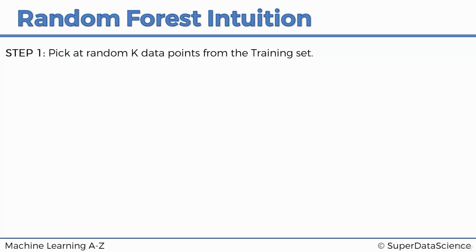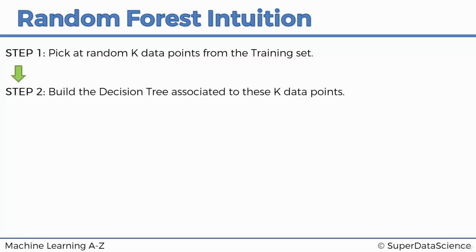So here we're using the whole data set, but we're only picking k data points from that training set. Then we build a decision tree associated to these k data points. Rather than building a decision tree based on everything in your dataset, you're just building a decision tree based on those data points that you select, so a subset of your dataset.